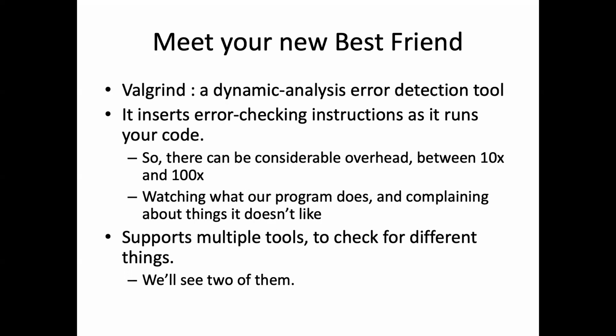What does it do? It is a runtime error detection tool, or I guess properly you would call it a dynamic analysis tool. Dynamic just means it works while your program is running. To use it, you run your program, and valgrind can watch what's happening as your program executes.